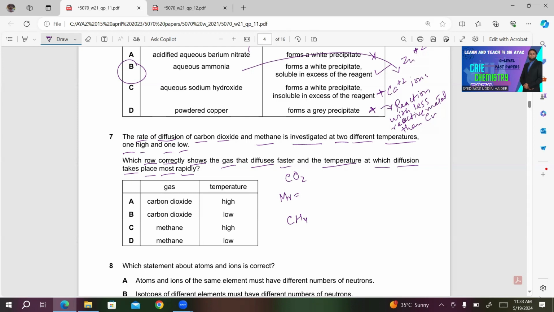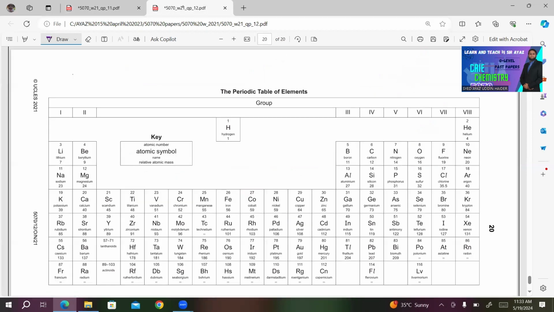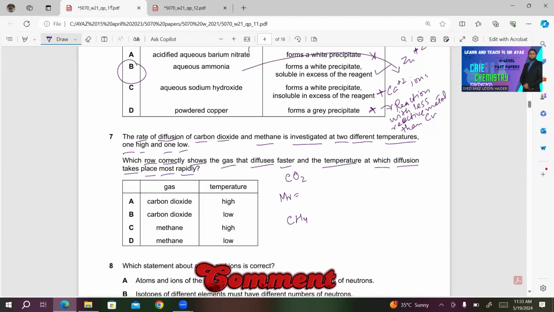Now, I want to calculate the Mr. We need the Ar, or nuclear number, of carbon. Where is carbon? Here is carbon. The mass number is 12. What about oxygen? Oxygen is here. The mass number is 16. So 1 multiplied by 12 plus there are 2 atoms of oxygen, 2 multiplied by 16.